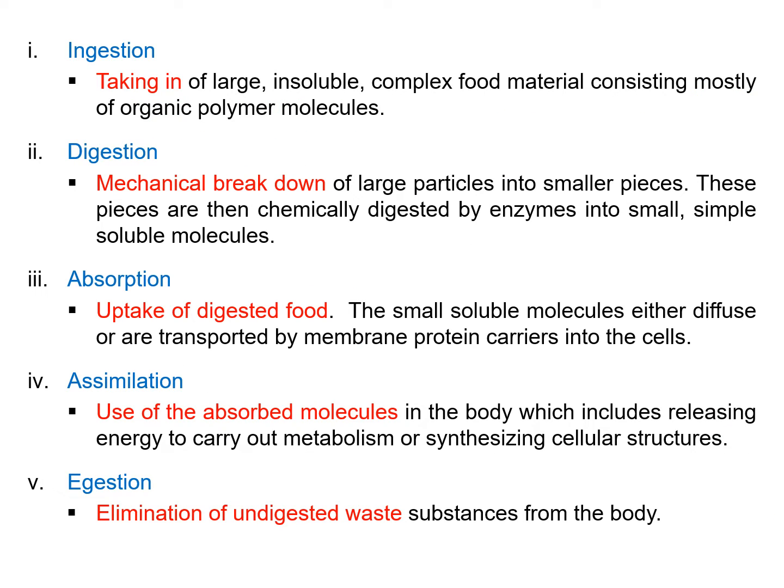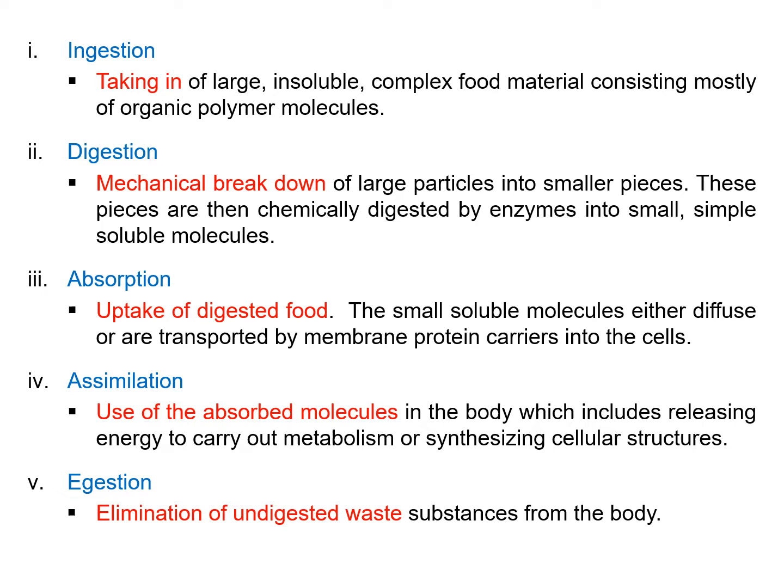Let's take a look at the characteristics of holozoic nutrition in detail. Let us begin with ingestion. Ingestion is a process of taking in large, insoluble, complex food material consisting mostly of organic polymer molecules.